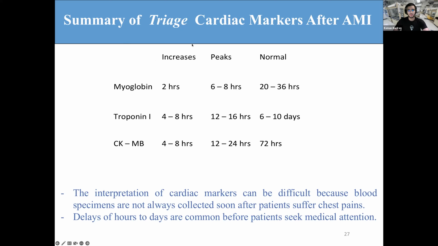If you look at this little table here, myoglobin is the most sensitive and will respond first to a change, increasing directly within 2 hours. The problem with myoglobin is it peaks at 6 to 8 hours, and within less than 2 days it returns back to normal.